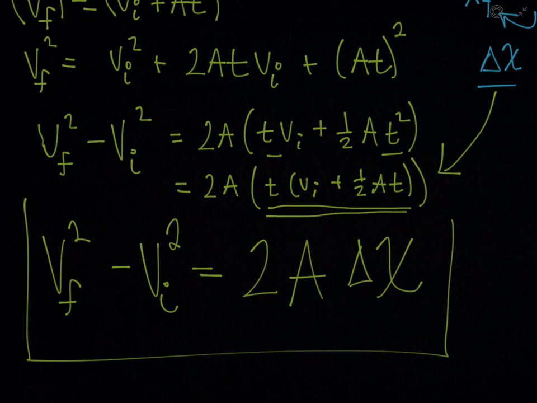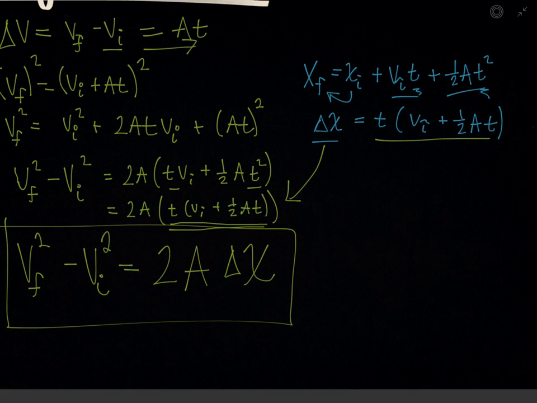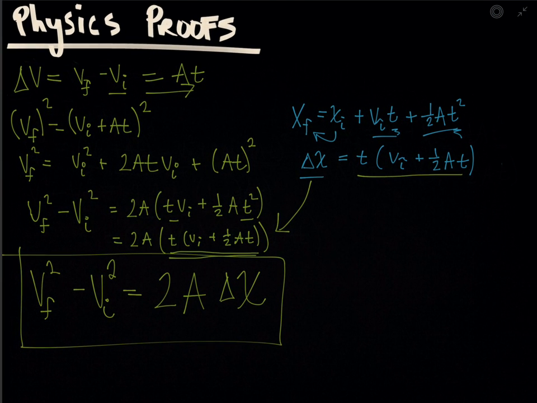And that should blow your mind. Yeah, so there is the physics proof for the final velocity squared minus initial velocity squared using acceleration and displacement, using the final position equation we know over here. All right, sweet. Thanks, guys.